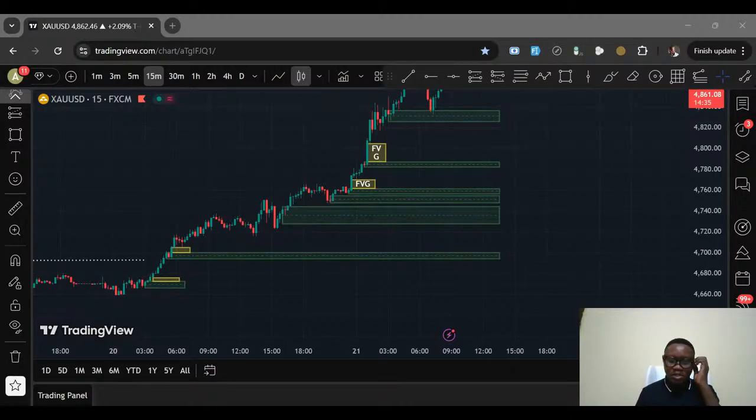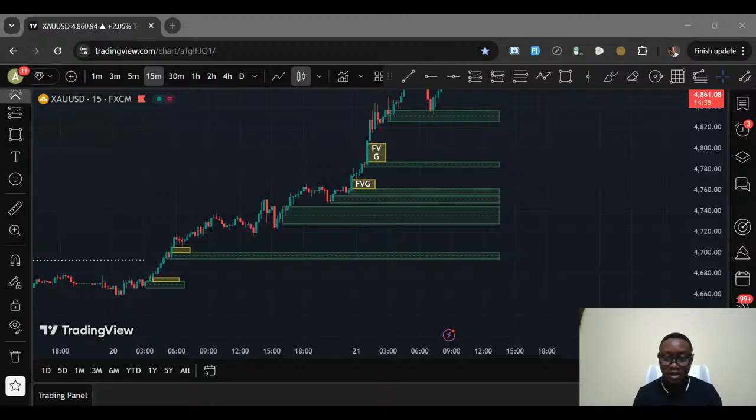Yes, of course. There's possibility of the market retesting the key area of interest, the order block zones we identified on Monday. Yes, there is high probability of price getting there. But like I said, gold has been on a bullish run. You get it?